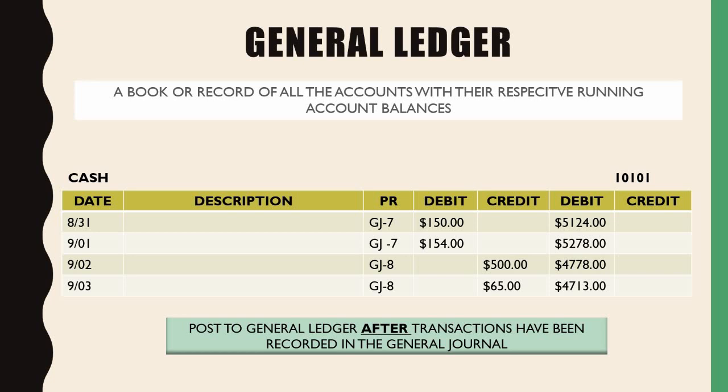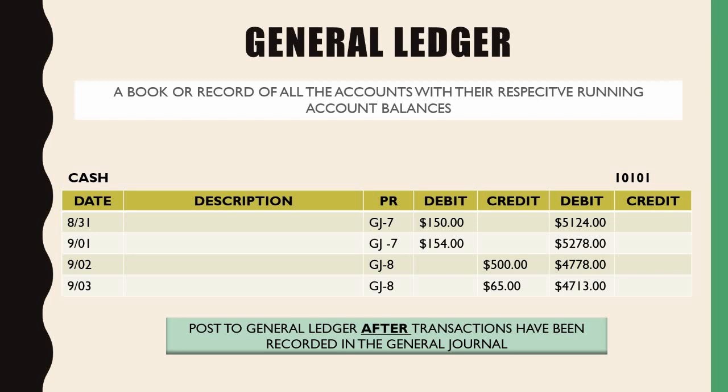So let's notice this. Here's my cash account, right? So every time I journalize something, I'm obligated to post it into my ledger. So that means every time I make a transaction, I record it into my ledger and I know how much is going to be in my bank account at all times. Okay, so here it looks just like a journal, except it's got two more additional columns.